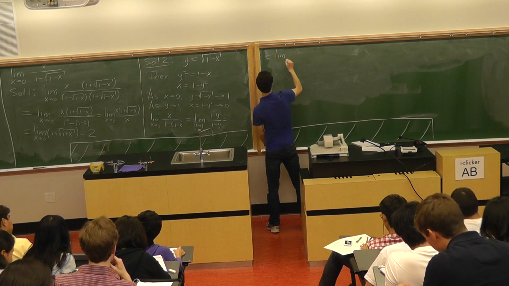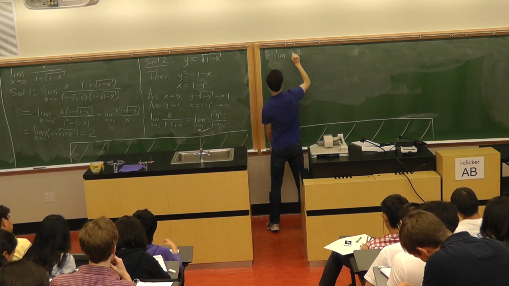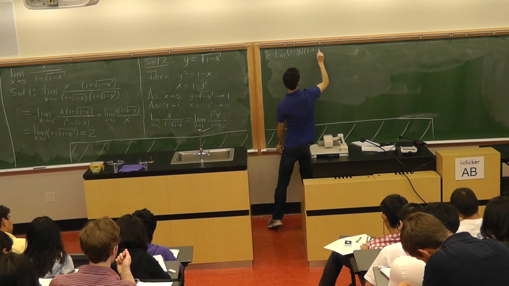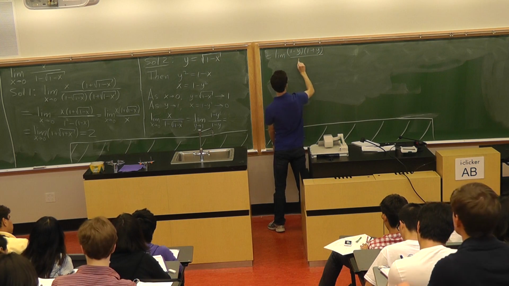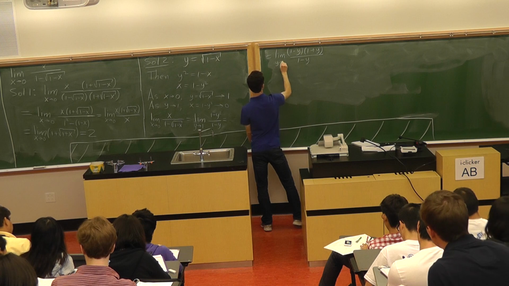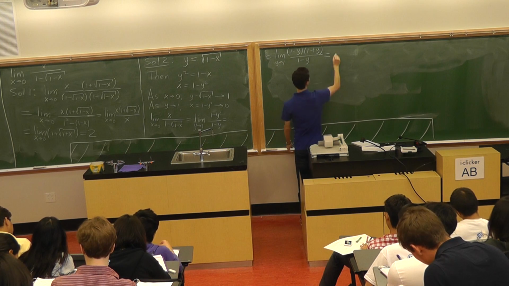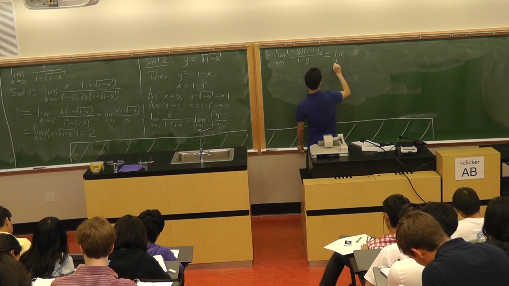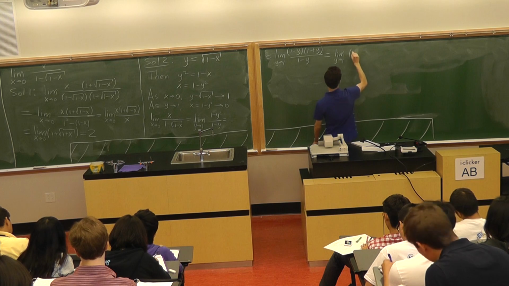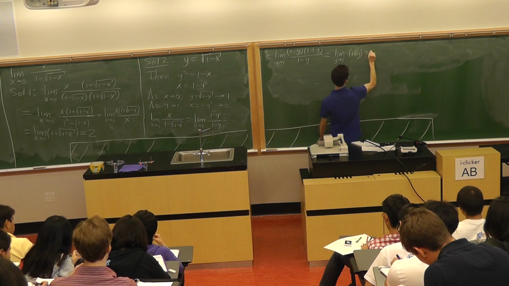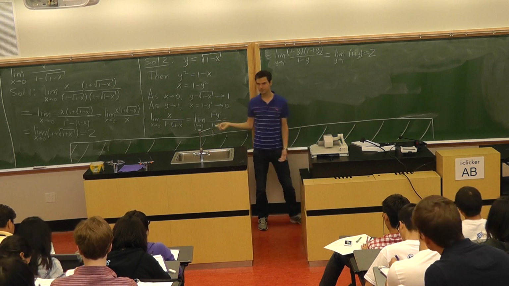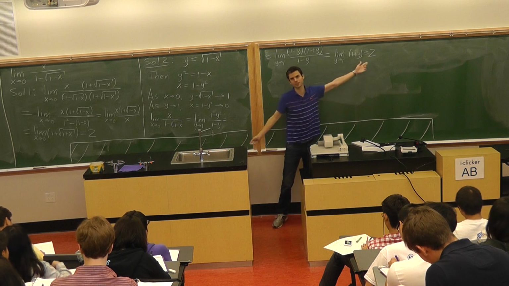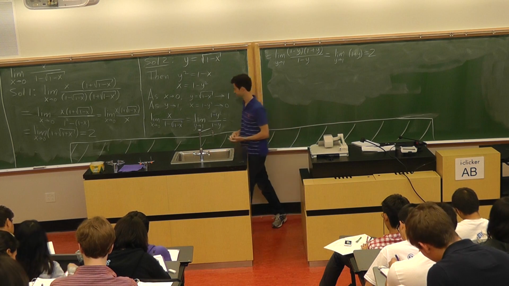This limit of 1 minus y times 1 plus y divided by 1 minus y, which is the same as the limit as y tends to 1 of 1 plus y, which is, as we would expect, the same as 2.